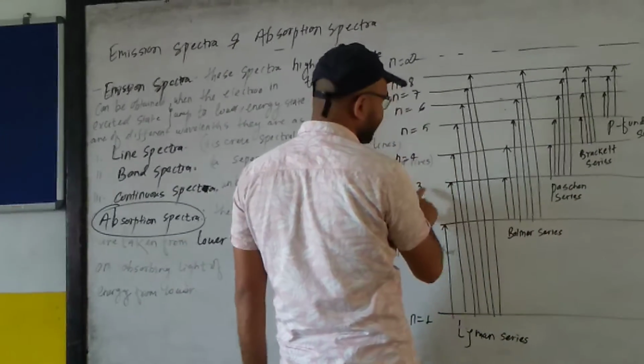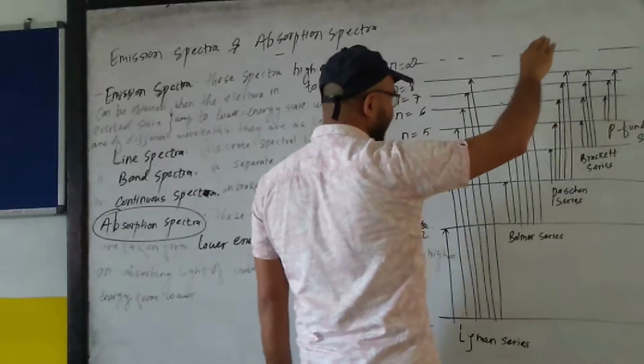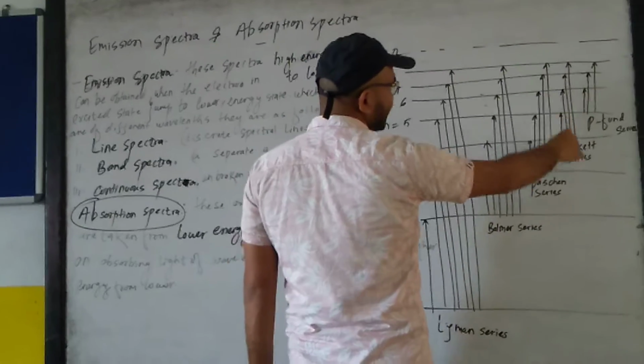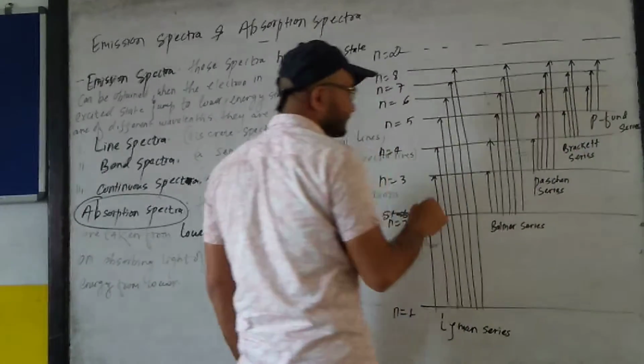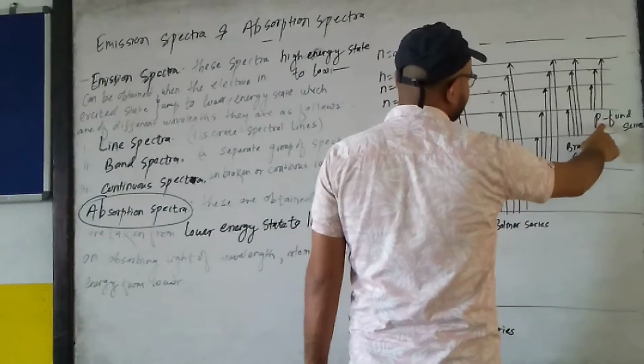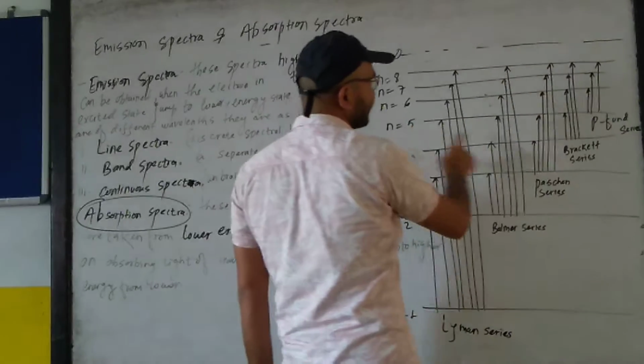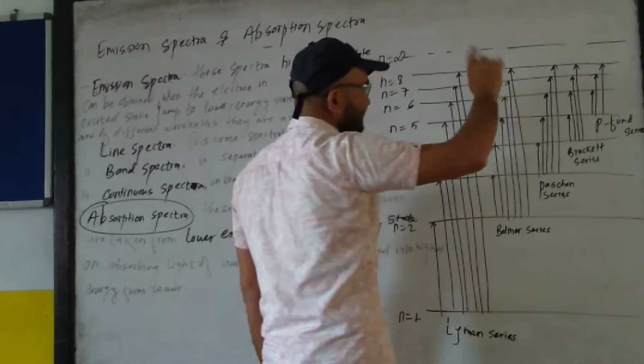In the Paschen series, the electron jumps from n equal to 3 to a higher state. Similarly, from n equal to 4 to any higher energy state, we obtain the Brackett series of spectra, and at last we get the Pfund series while the electron jumps from n equal to 5 to any higher energy state.